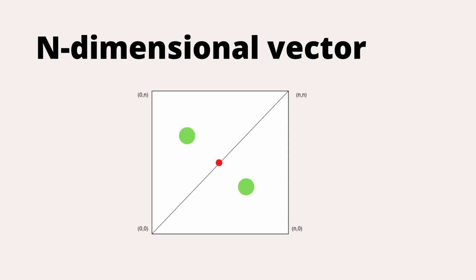So here we see an example where we let n equal 2, so this is a two-dimensional vector space. We have three regions here. On the left, there's a triangular region that surrounds the green dot. In the middle, there is a line that runs through a red dot.